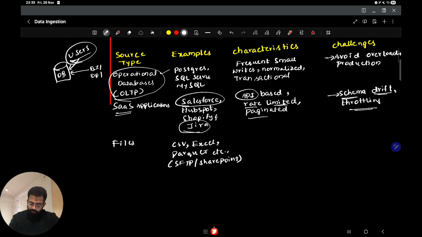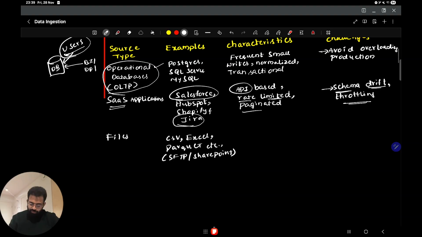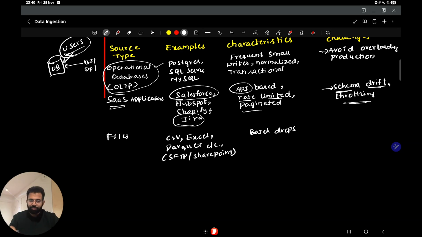The characteristic of these files is that most of the time you will be receiving them as batch drops. When I say batch drops, someone will be gathering the data and putting it in some place, or you might also be receiving these files from nightly schedules.